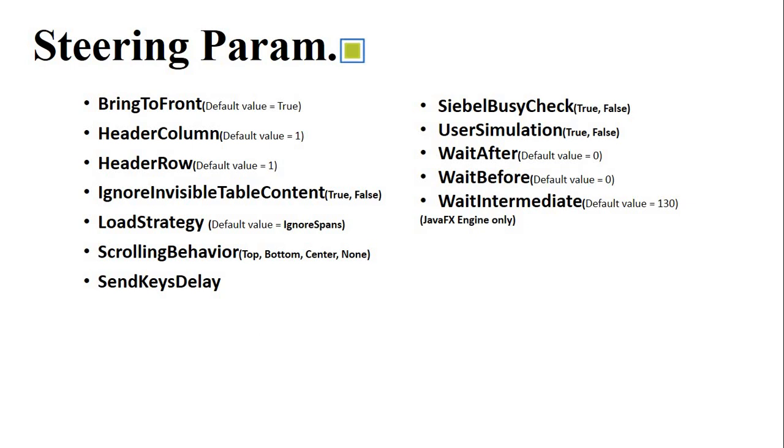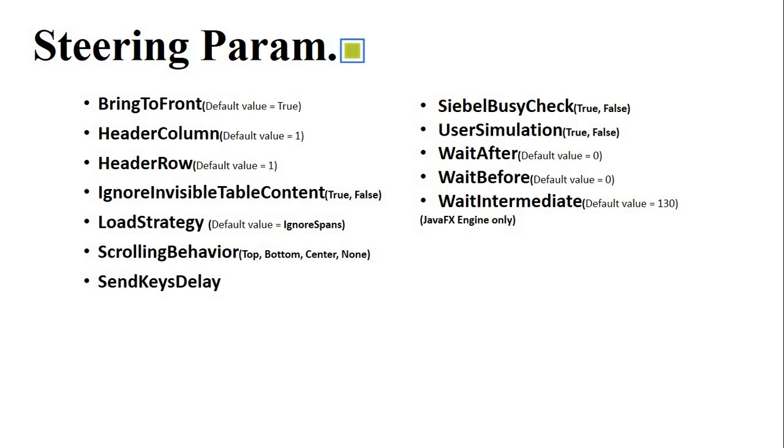Then there are wait related parameters. If you have located any module attributes, then you can wait before and after its identification. Then you can also have the user simulation. You need this when the input controls are made with the click operation and without object steering, and a click is performed onto a screen or a keyboard input is performed.